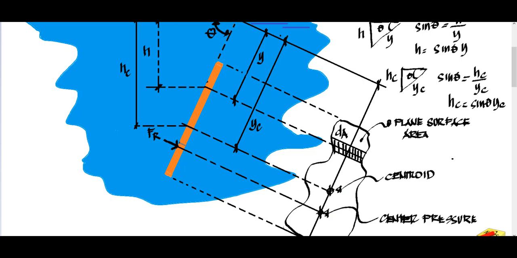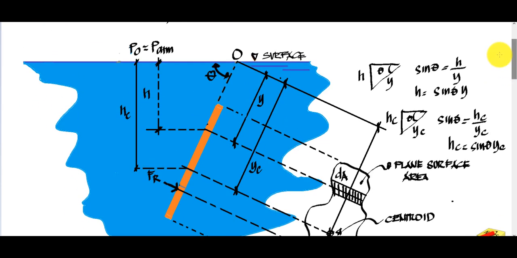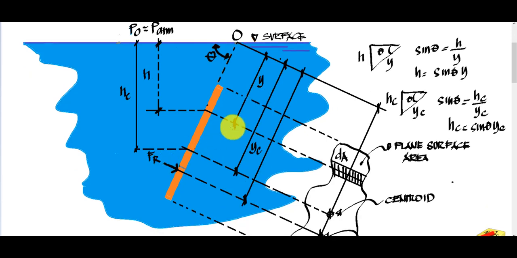Now the vertical location of the line of action is determined by equating the moment of the resultant force to the moment of the distributed pressure force about the x-axis. So we have here the moment, Fr. I'm going to draw a line here again, from here going there. The distance from Fr to this projected line from O is your Yp.